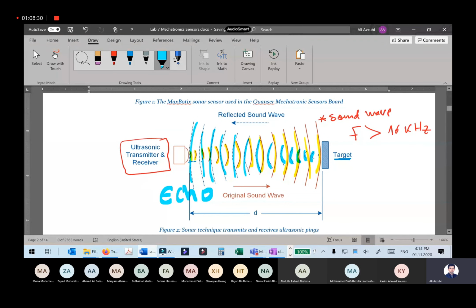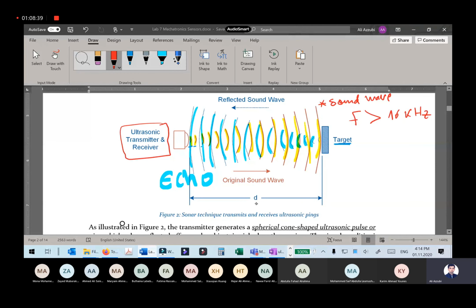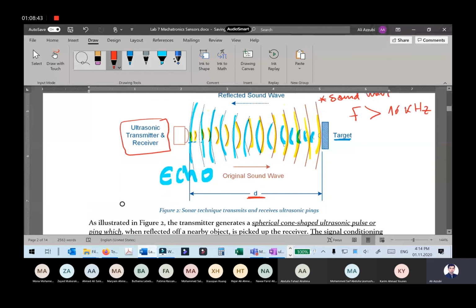This is the echo of your transmitted wave. Now mathematically, I define a distance d. Inside the conditioning circuit there is a timing circuitry that, when it transmits the ultrasonic beam, will start a timer, and when it receives the echo back, it will stop that timer.